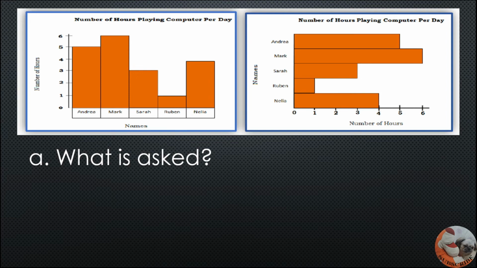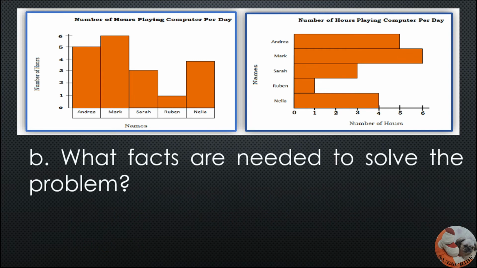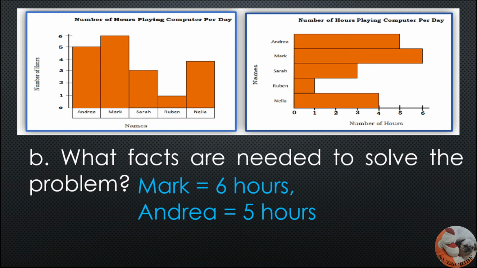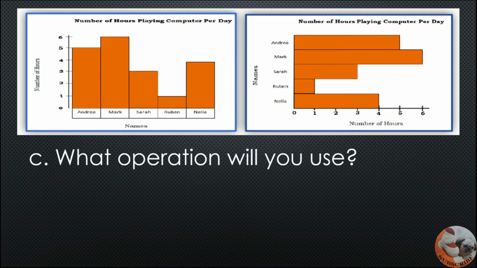What is asked? The number of hours Mark spent in playing computer more than Andrea. What facts are needed to solve the problem? Or what are given? Mark played 6 hours and Andrea played 5 hours. What operation will you use?